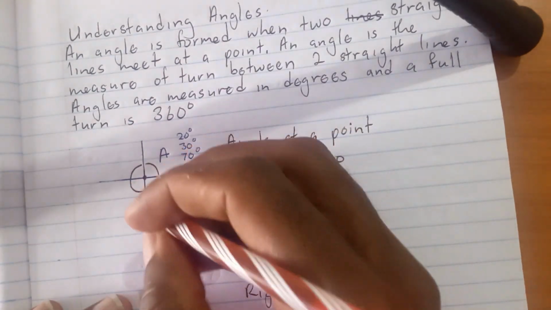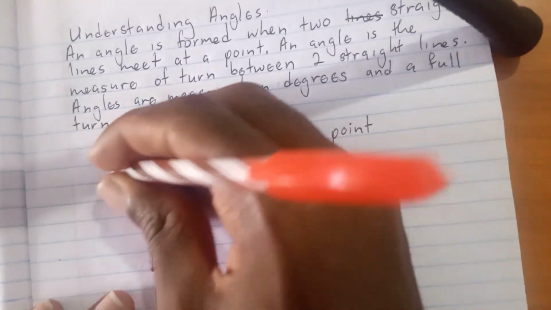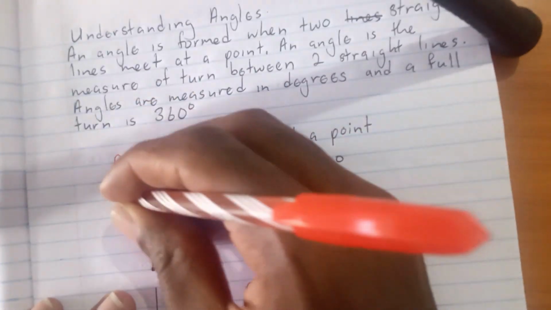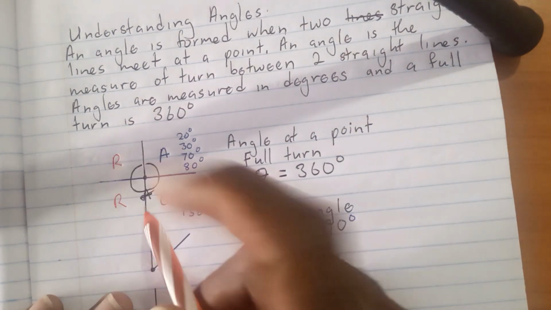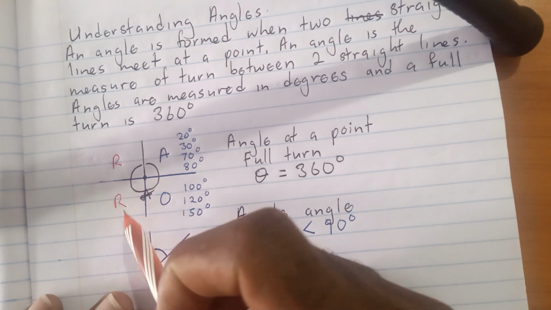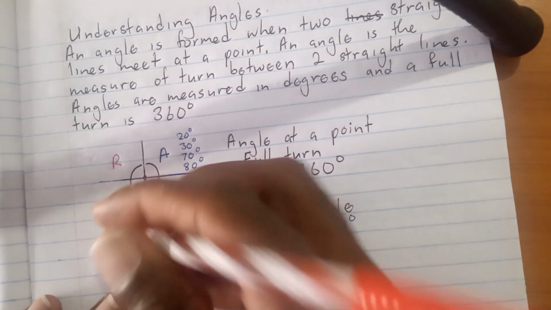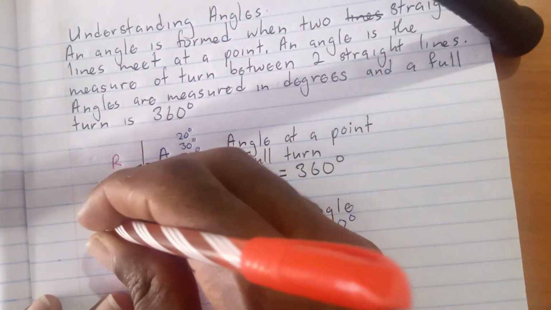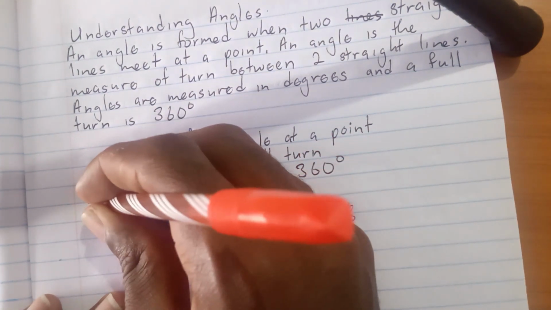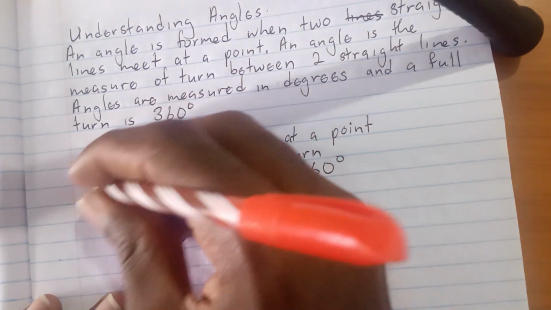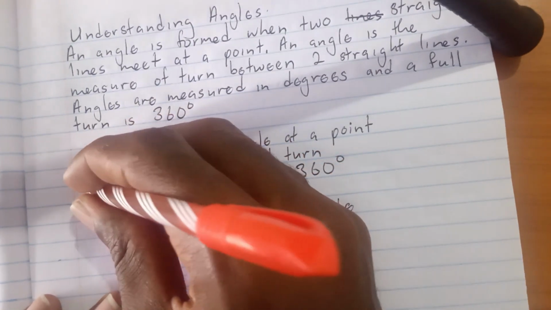Then you have lastly the reflex angle. Reflex angles will be both of these parts here. All the angles on this side will be reflex angles. So we have, let's say, 190 degrees, 210 degrees, 270.